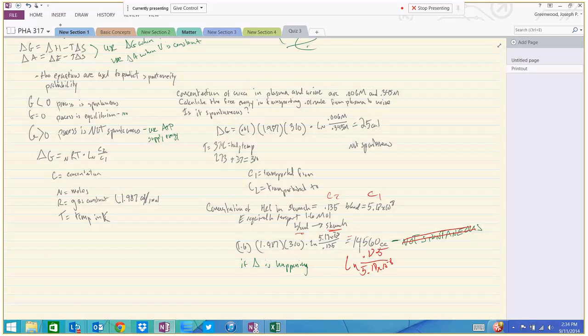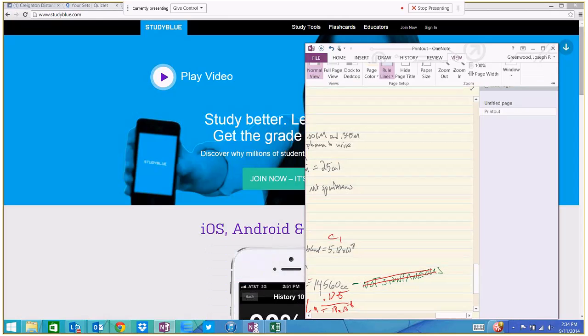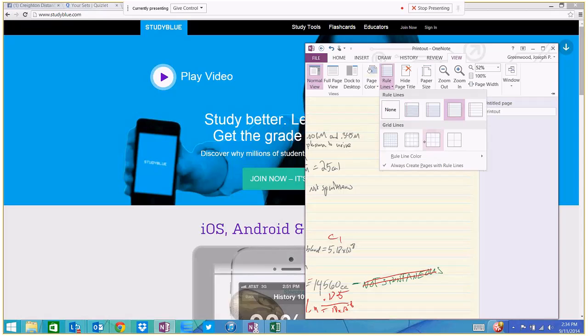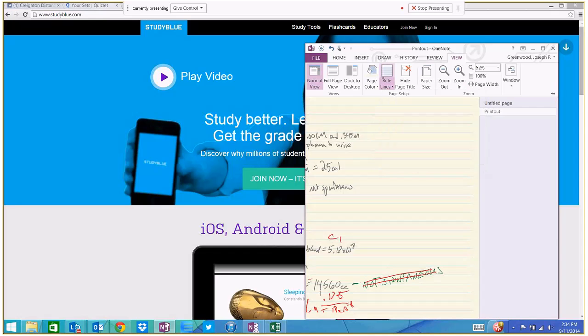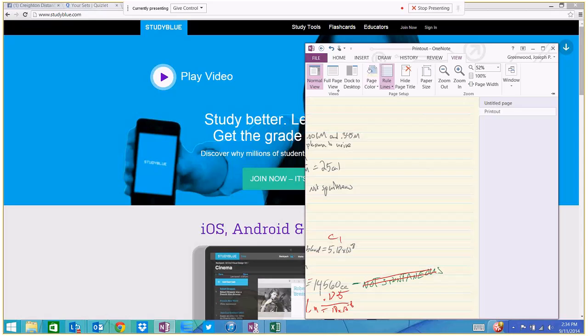A notepad. If you go to View, rule lines, you can add however thick you want. And then you can change your page color to whichever one you want. I've always heard legal is bad, guys.